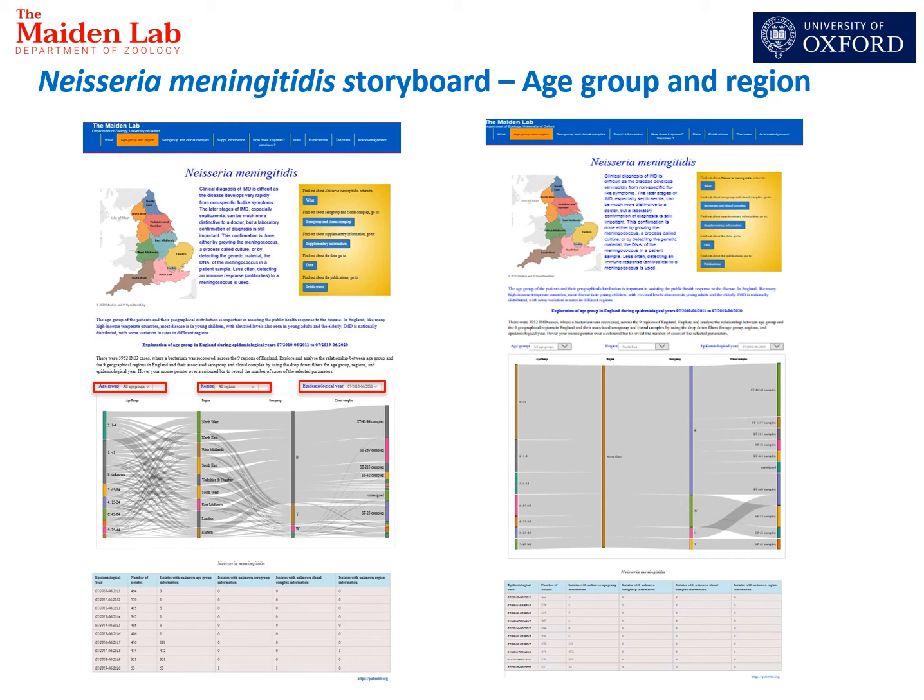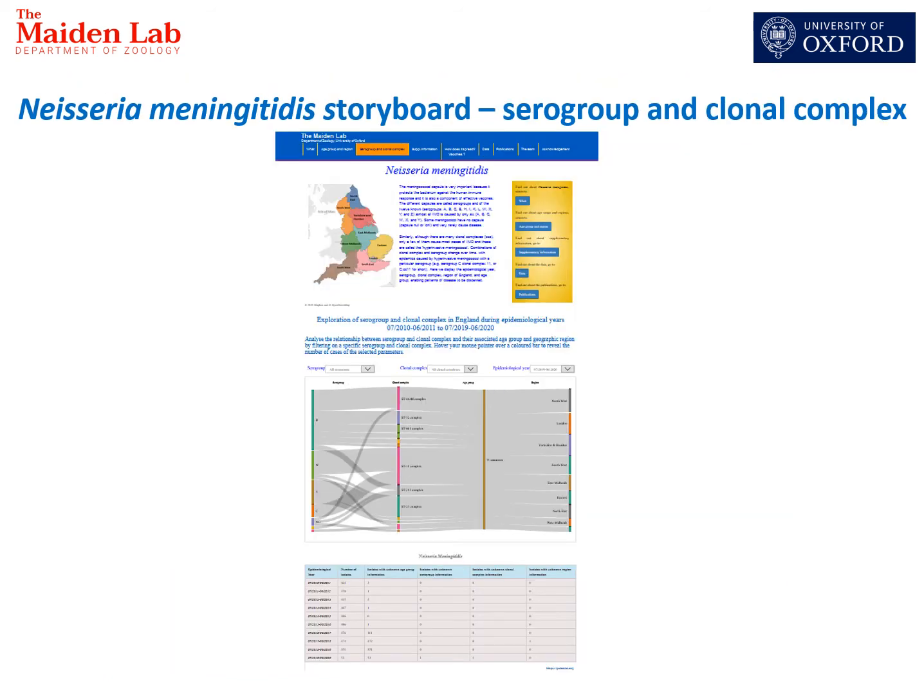Again, this enables users to explore the relationships, patterns, trends, and anomalies. Users can also analyze the relationship between serogroup and clonal complex and their associated age group and geographic region by filtering on a specific serogroup and clonal complex.